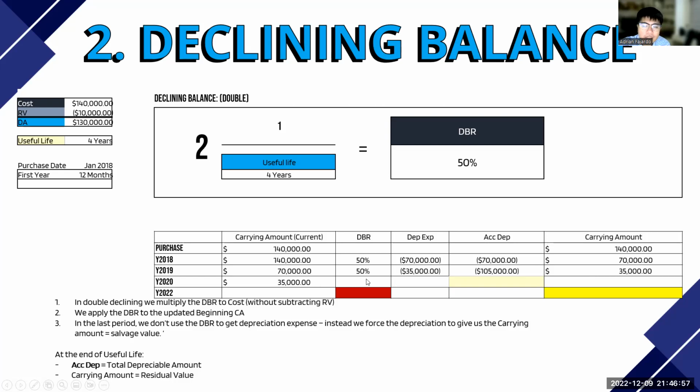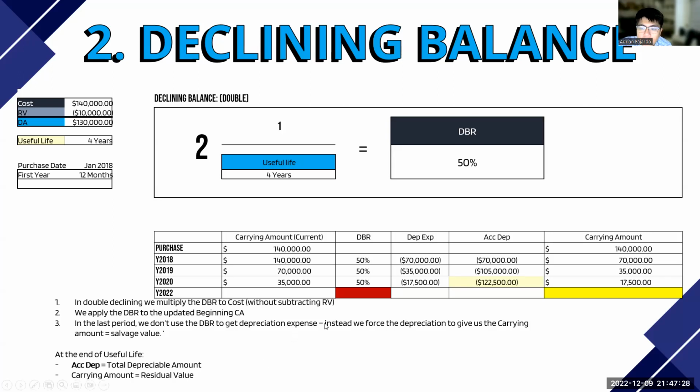Last, 35,000 times 50% give you your depreciation expense for third year of 17,500. And that finally, if you add all three, 70 plus 35 plus 17.5, you will get an ACDEP for the third year of 122,500. And then lastly, napansin natin na okay, after year 3, ang carrying amount natin is 17,500, which is very close to your salvage value.